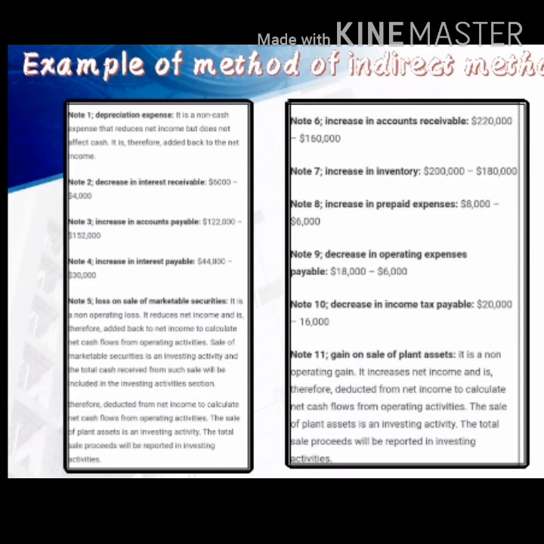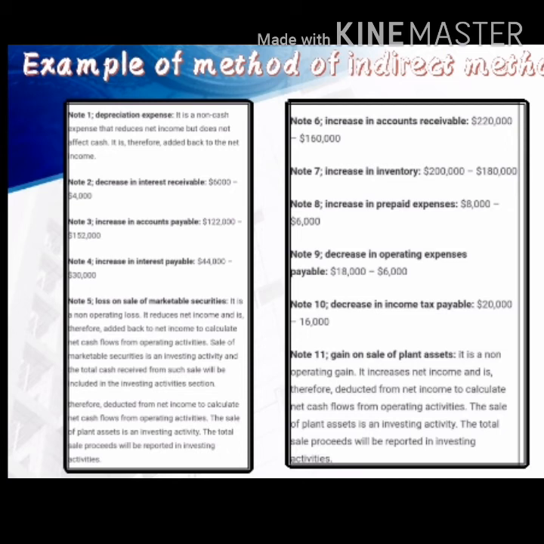So $200,000 minus $180,000, we got the total of the increase in inventory, which is $20,000.